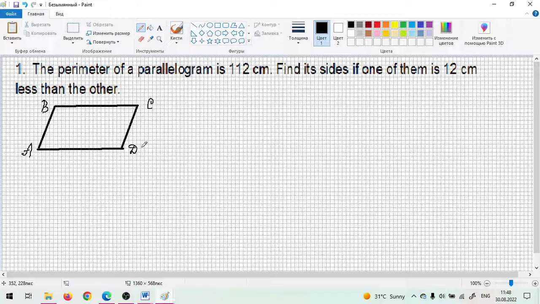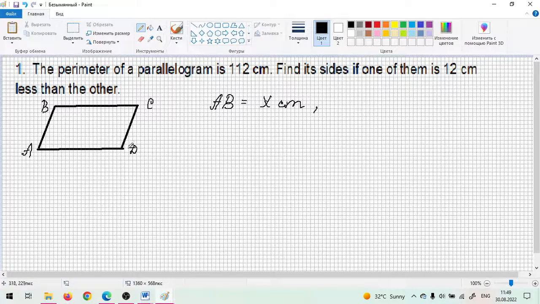So, let's denote the smaller by x. Smaller, it's AB, so that's AB, x centimeters. It's the smaller side of a parallelogram, yes?